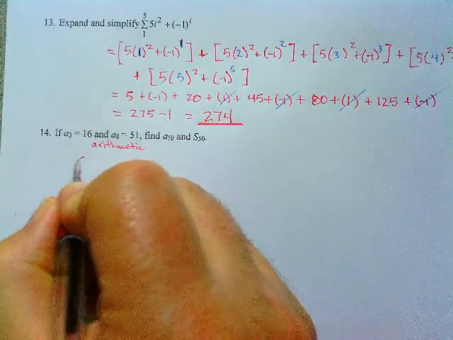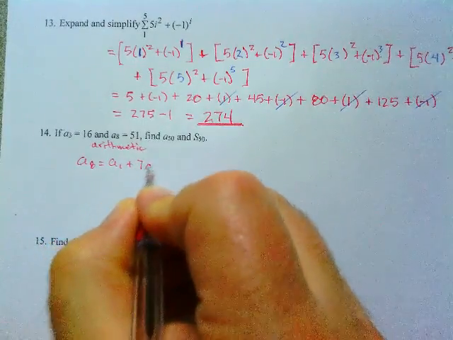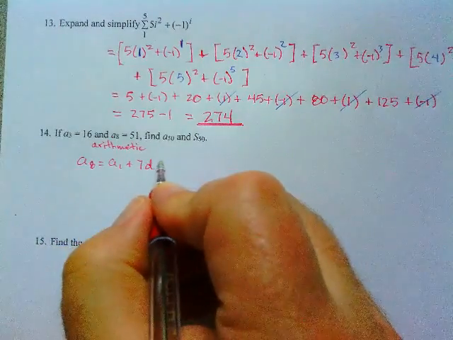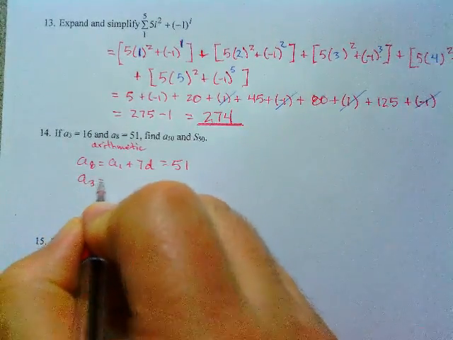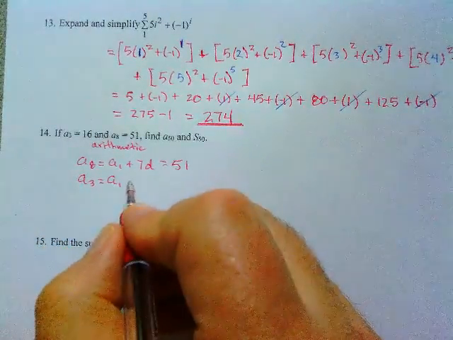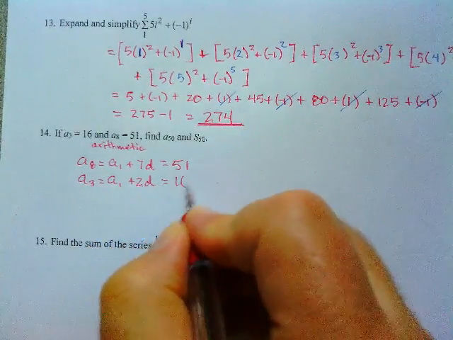So first off, A8, well that's got to be A1 plus 7D, and that's going to equal the 51. A3, on the other hand, will be A1 plus 2D, which is 16.